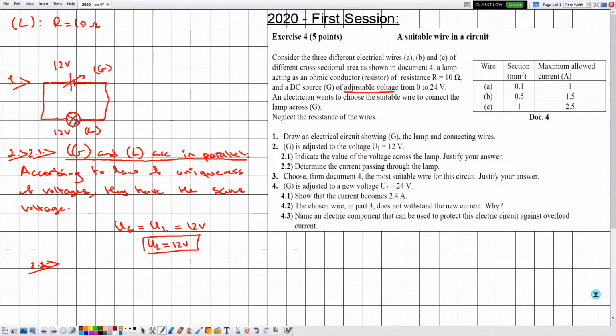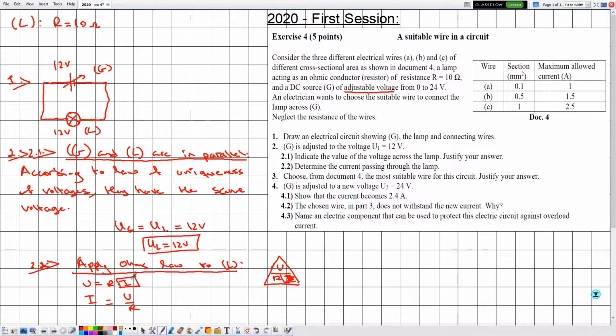Let's apply Ohm's law to L. Ohm's law is given by the relation U equal to R multiplied by I, and we are interested in determining the value of I. Constructing the triangle of this formula, because we have a multiplication, U will be at the top, R and I at the bottom. Covering the I, I is given by U divided by R.